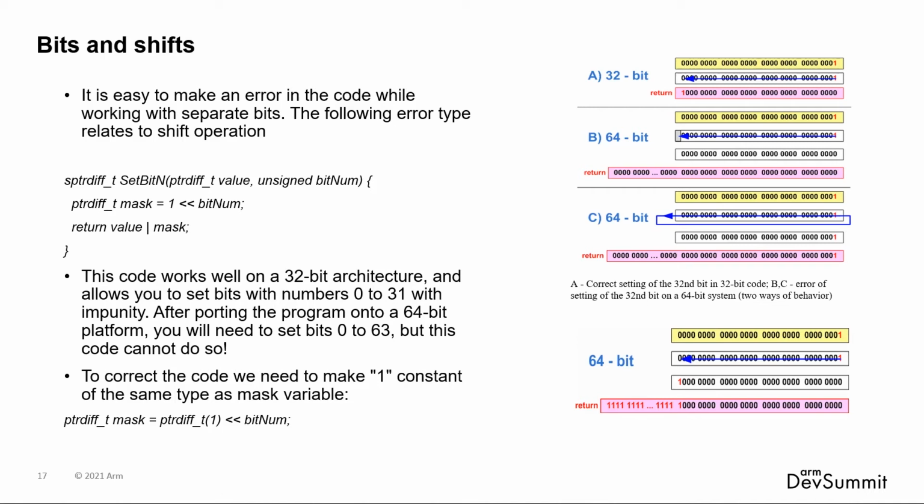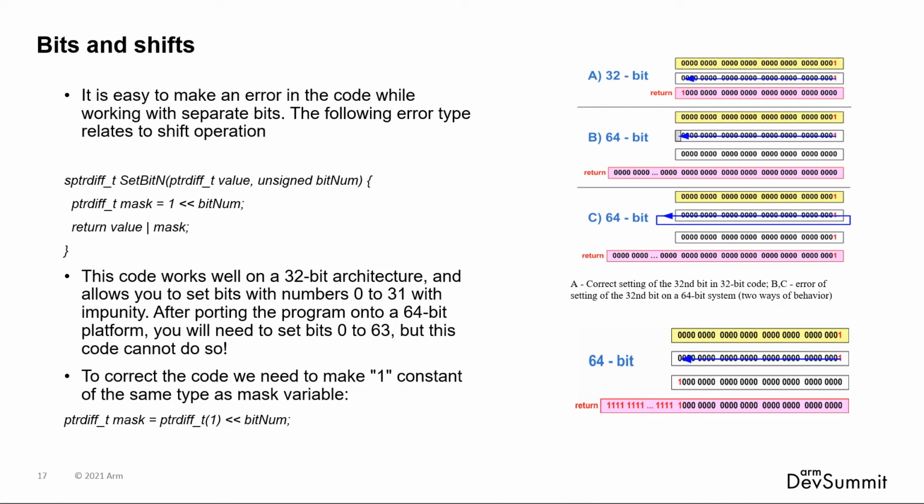Again, we need to be aware that C treats the constant expression 1 as a signed integer type, and when a shift of 32 positions occurs, an overflow will take place, as shown in the figure. Whether we will get 0, as in section B before, or 1, as in section C, as a result depends on the compiler's implementation.